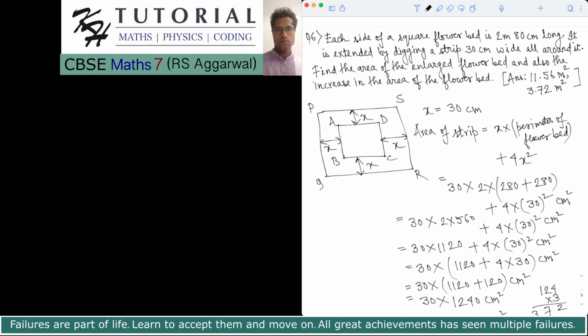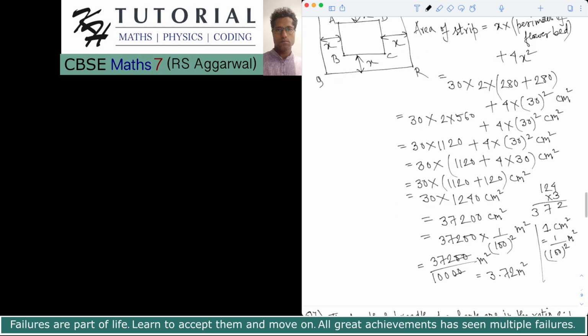Since there was a strip due to the digging of a strip of 30 centimeter externally outside the flower bed, the area of the flower bed was enlarged, and so the increase in the area of the flower bed is nothing but the area of the strip that was dug, which is 3.72 meters square.